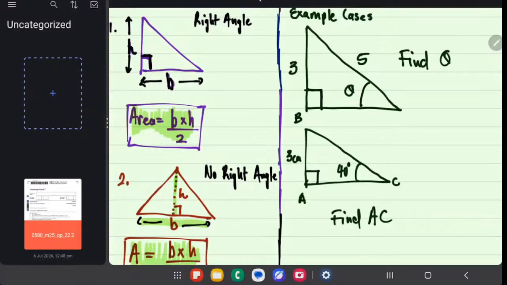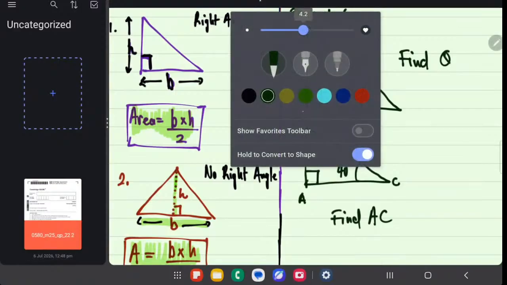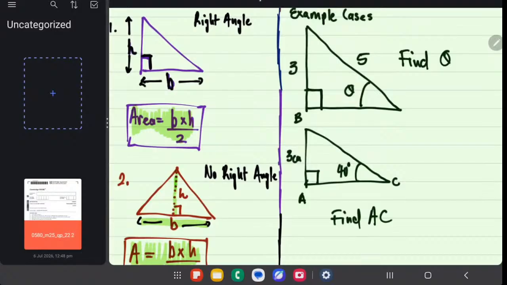Can you see this, Alex? I want you to see important things. I was telling it to my A-level students yesterday. Yes, you're finding what? Which one? Which part?